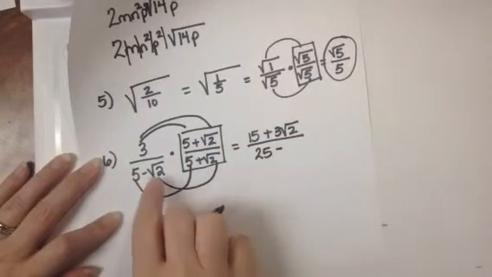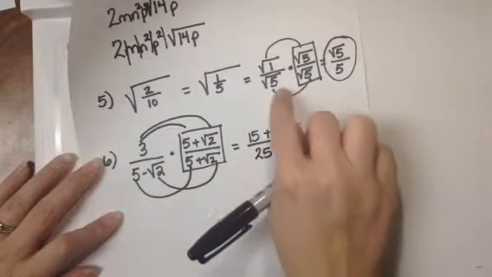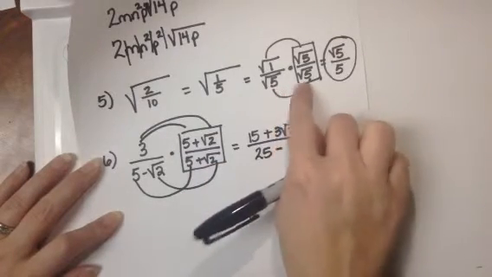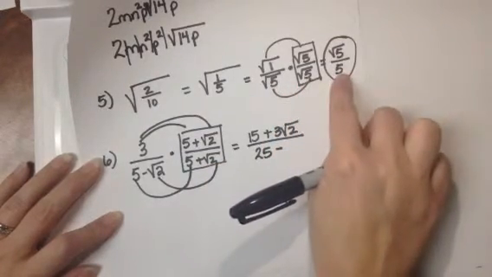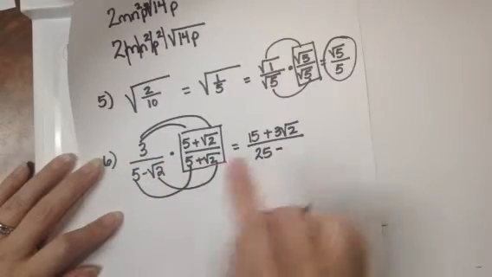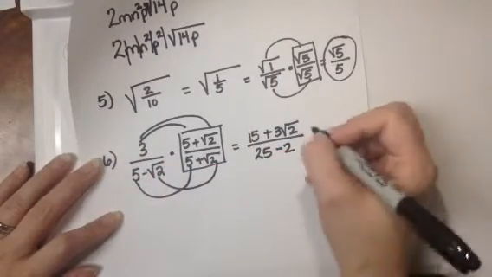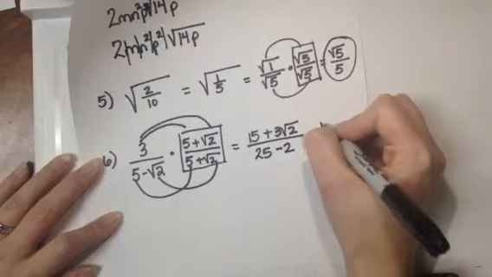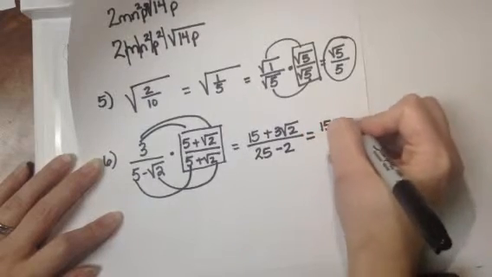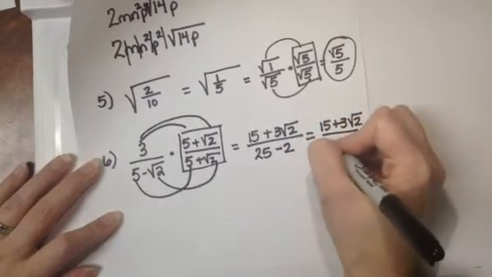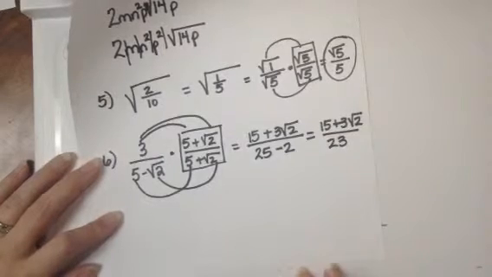It'll always be minus. Square root of 2 times square root of 2. Remember, when you multiply a radical times itself, it's just the number. So square root of 2 times square root of 2 is going to be 2. Simplify this out, basically combine like terms in the denominator, and I get 23. And that would be our final answer.